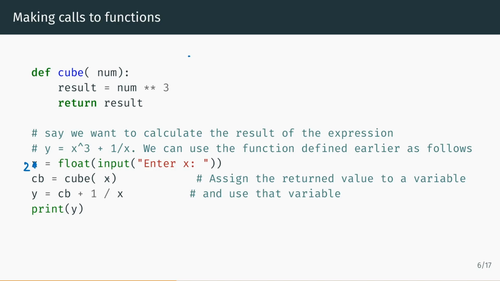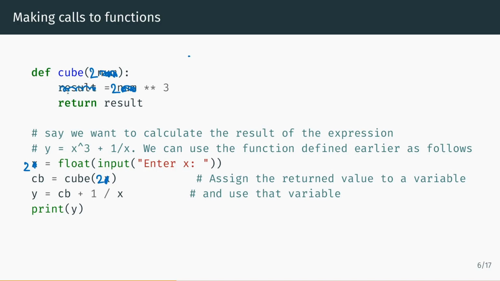Then cb equals cube of x, which is cube of 2. When you call cube of 2, instead of num, you say 2, and instead of num raised to the power 3, you say 2 raised to the power 3, which is 8.